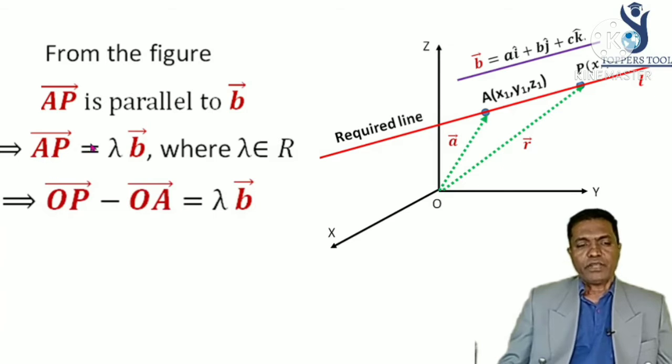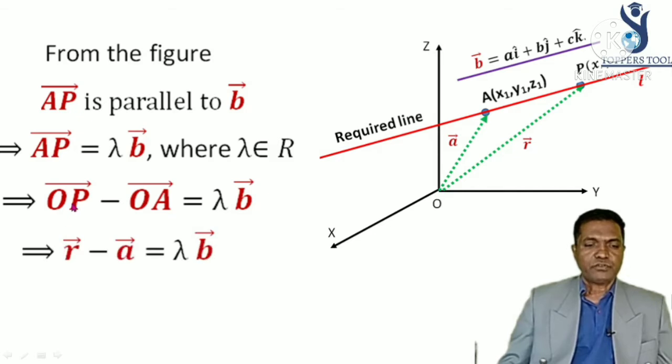Now AP can be expressed in terms of position vectors. How will you write AP? AP can be written as OP minus OA, as I mentioned earlier, and this is lambda b vector. OP is vector r and OA is vector a. So substitute: vector r minus a is equal to lambda b. Transfer the minus a to the right and you will get vector r equals vector a plus lambda b.